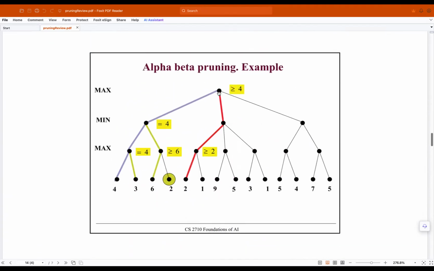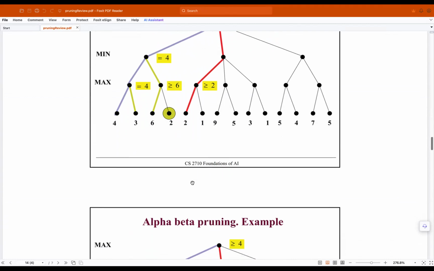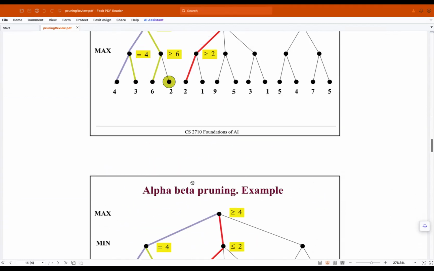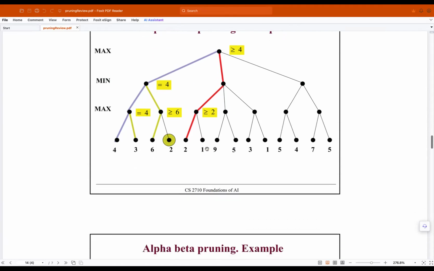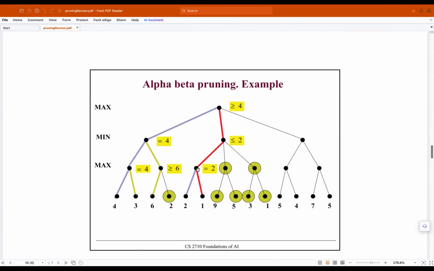Now, as we move on, we go this way. We get to a 2. When we get to a 2 here, since we don't have anything here, before we propagate, we say, let's look at this side as well. So when we consider a 2 and a 1 at the maximizing level, we now have a definite value of a 2 here, and that's what we propagate.